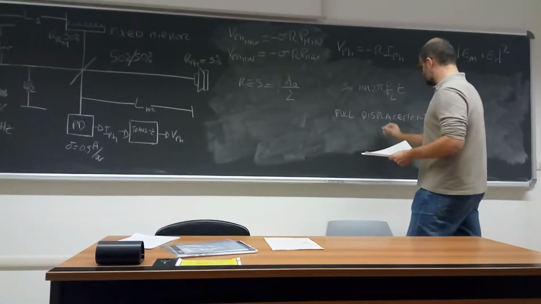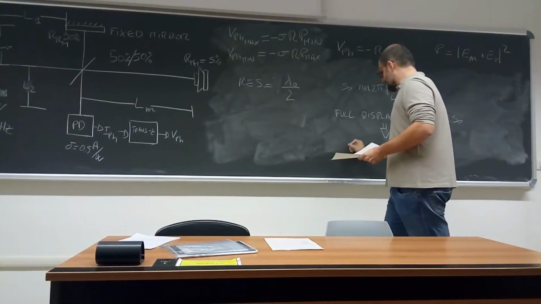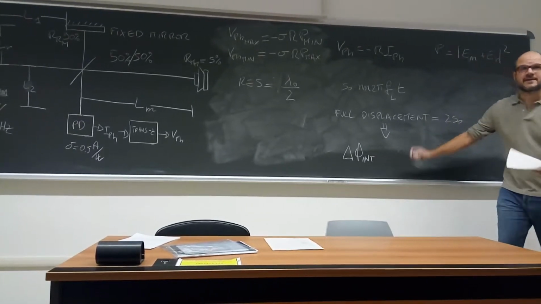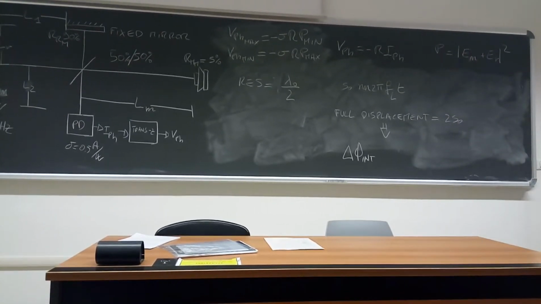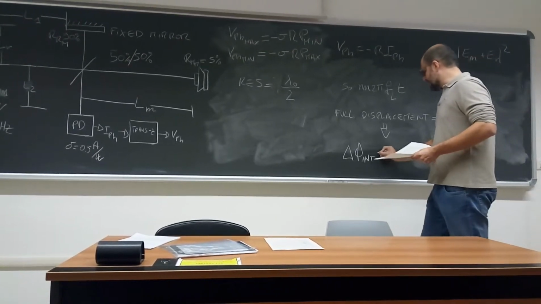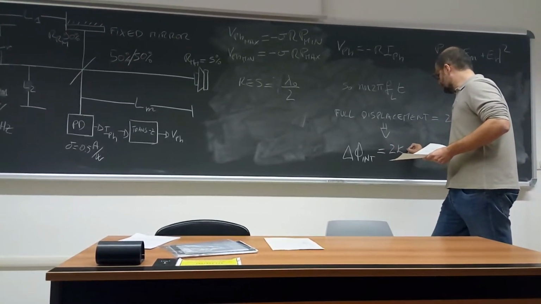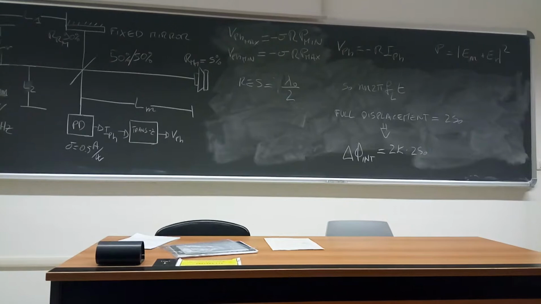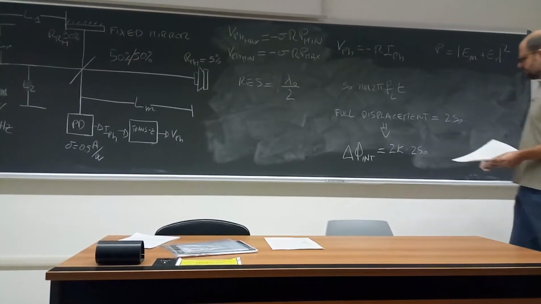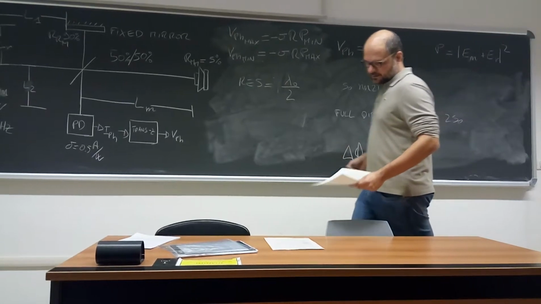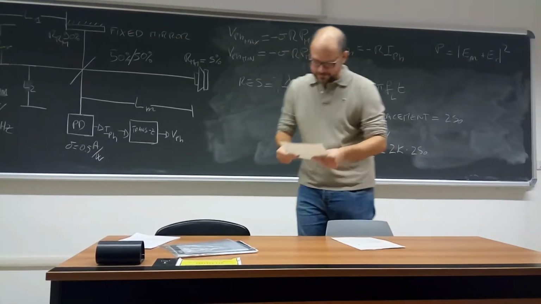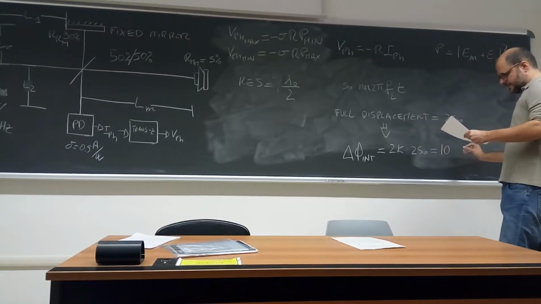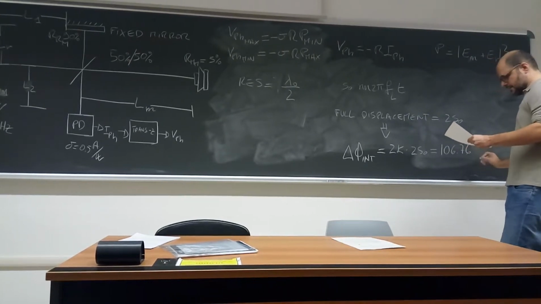So that, let's say, the variation of the interferometric phase that is related to a full displacement of the loudspeaker is simply given by 2K multiplied by 2S0. Okay? And in particular, this is equal to 106.76 radian.